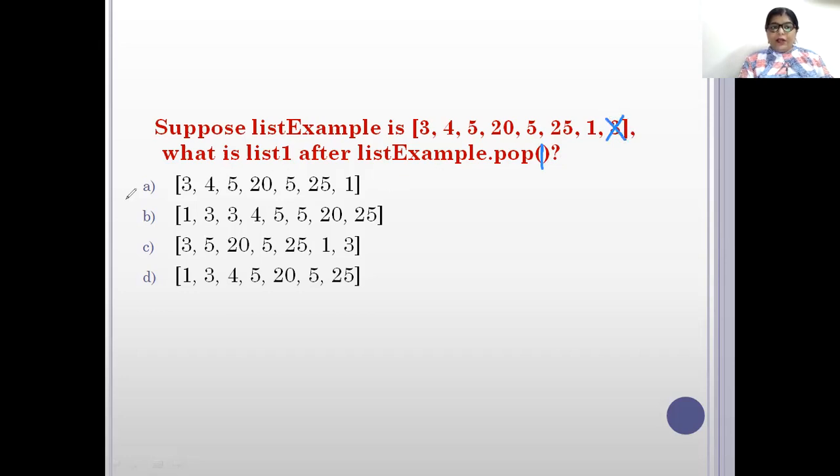So the answer will be A. If the parameter is given, obviously that parameter is the index, not a value. But if no parameter is given, pop deletes the element at the top of the stack, because pop is one operation of the stack. Push and pop are the operations of the stack. Push means we are inserting an element, and pop means we are deleting the element from the top of it. So the answer here is A.